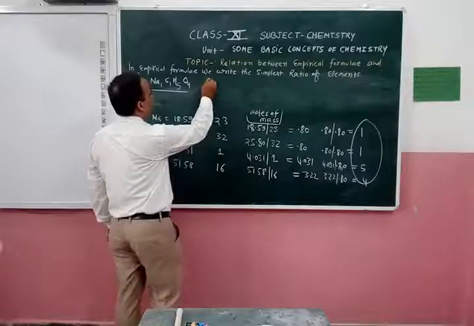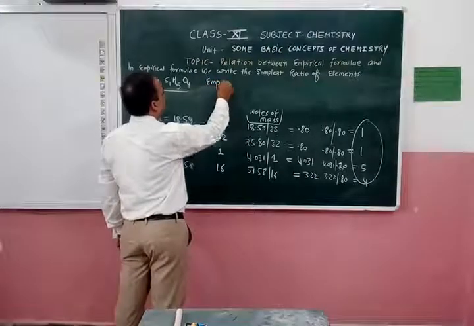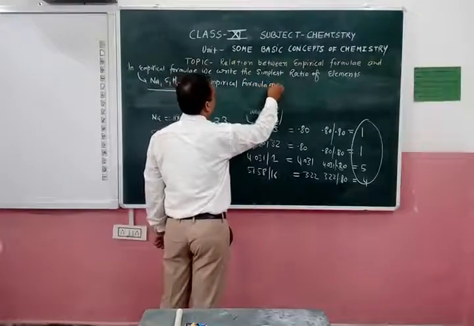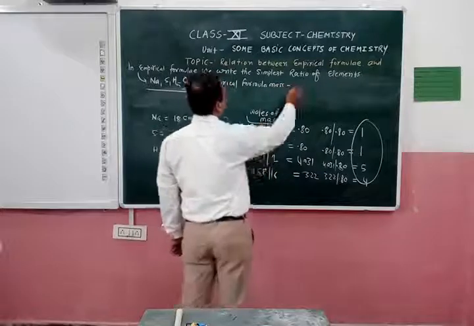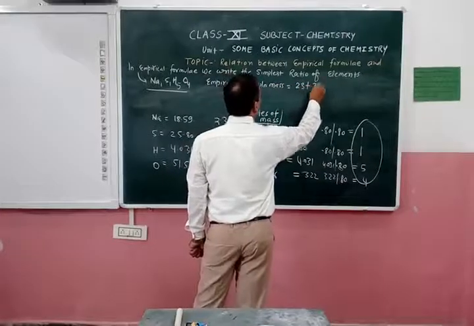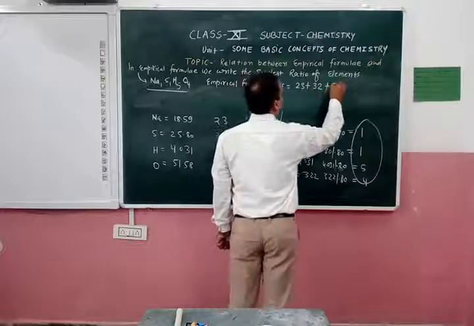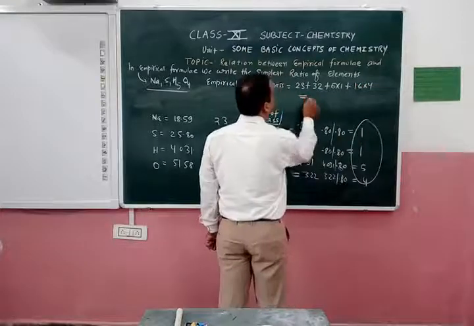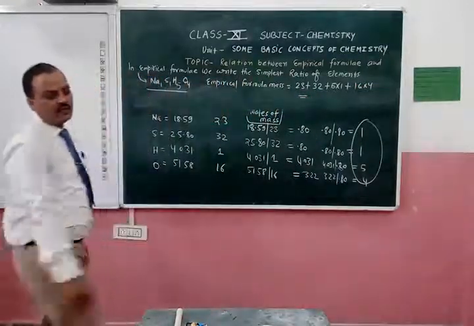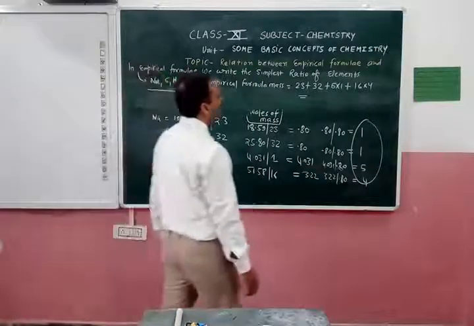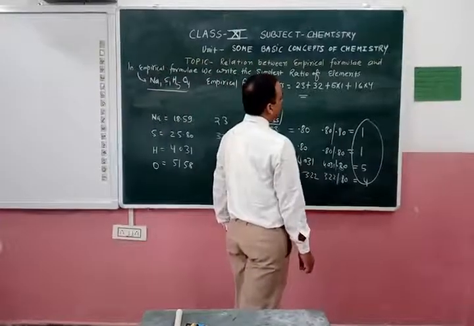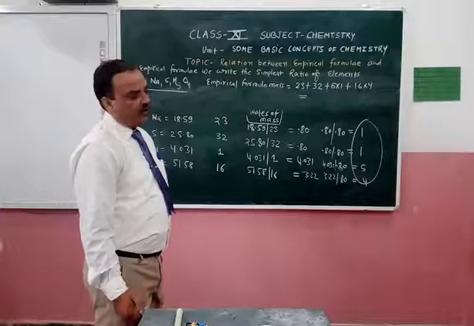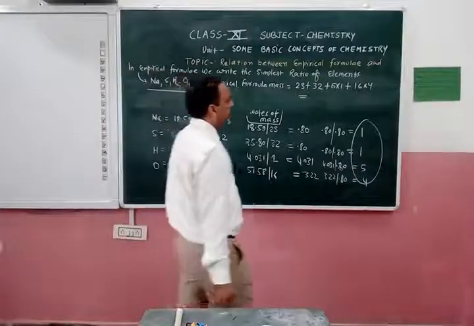Now the empirical formula mass: the value of the empirical formula mass is 23 plus 32 plus 5 multiplied by 1 and 16 multiplied by 4. The total is equal to 124.